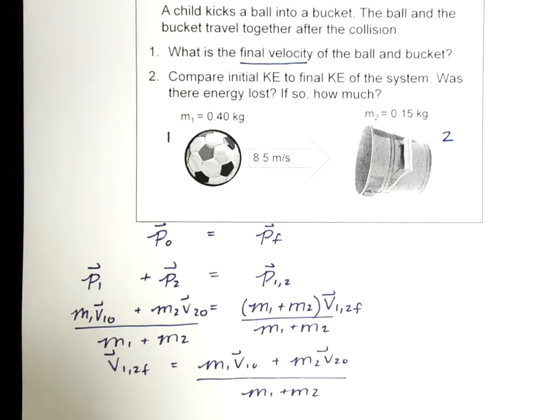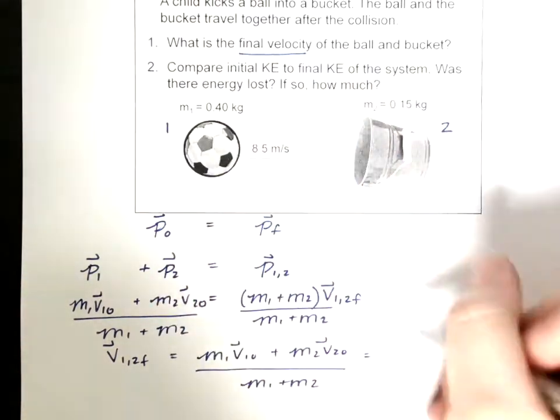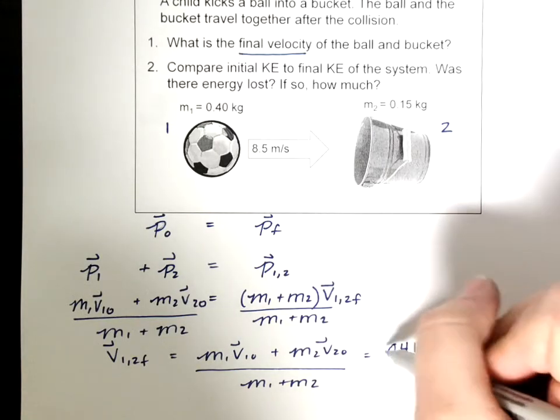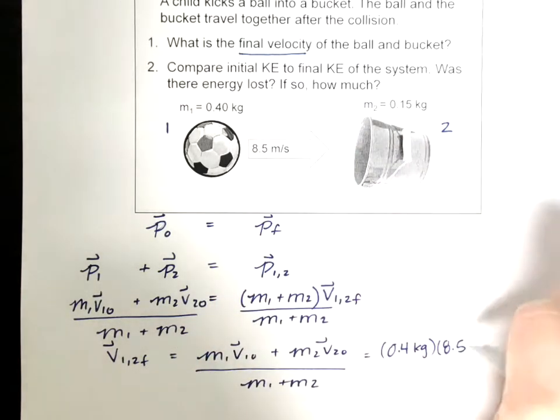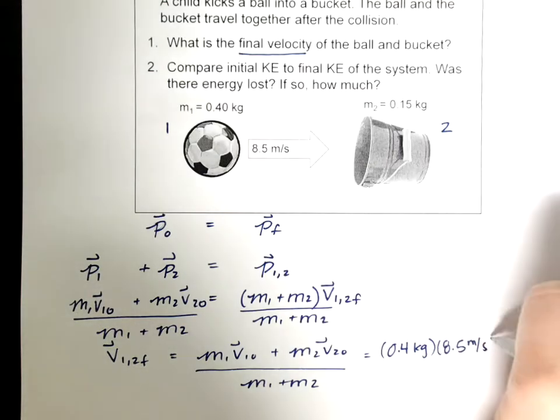We can go ahead and plug in numbers at this point in time. Our M1 is 0.4 kilograms. Our V1 is 8.5, since the soccer ball is moving at 8.5 meters per second to the right, so it's a positive number.